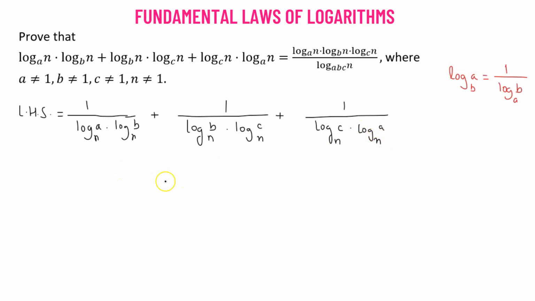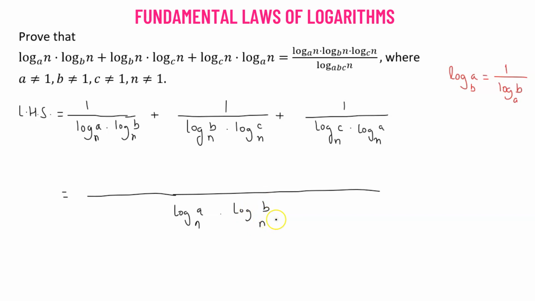Right. Now let's combine these three terms. We will take the least common multiple of the denominators, which is log of a with the base of n times log of b with the base of n times log of c with the base of n. So that means in the numerator we will have log of c with the base of n plus log of a with the base of n, and the third term will be log of b with the base of n.